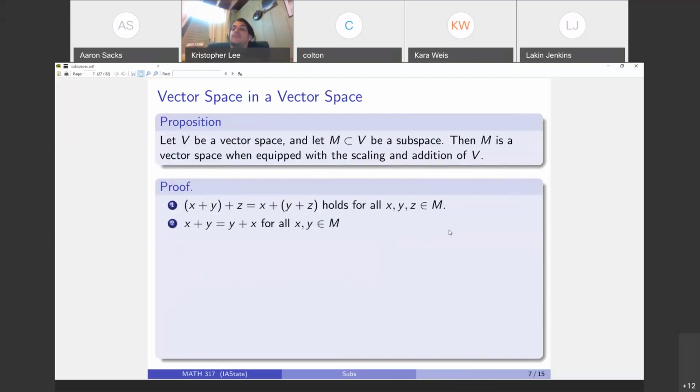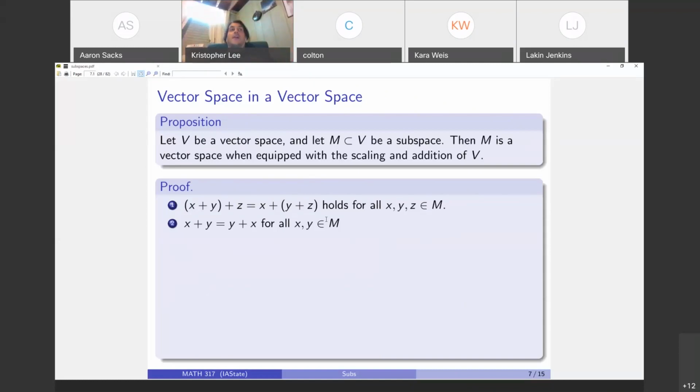And for addition, the associativity and the commutativity, we don't have to do anything. This is just baked into the addition for V, right? By how it works for adding elements of V, take anything out of M, well, everything in M is in V, so it'll just satisfy this. We don't have to do anything.